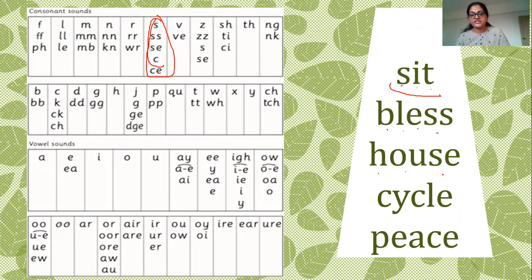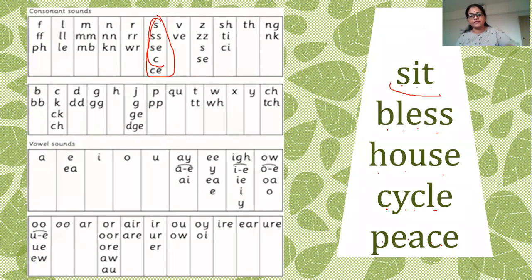SE also says S. Next, the word cycle has 2 C's and both the C's are pronounced differently. Cycle. And the last spelling pattern is C along with E, as in peace. So we have seen 5 spelling patterns for the sound S.